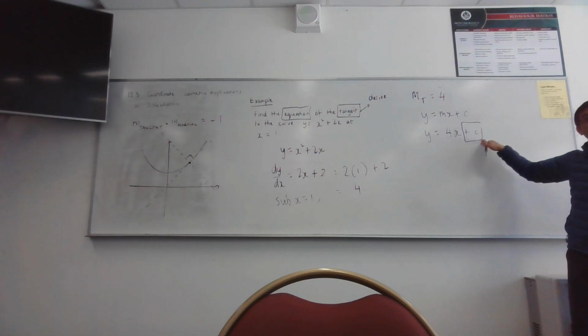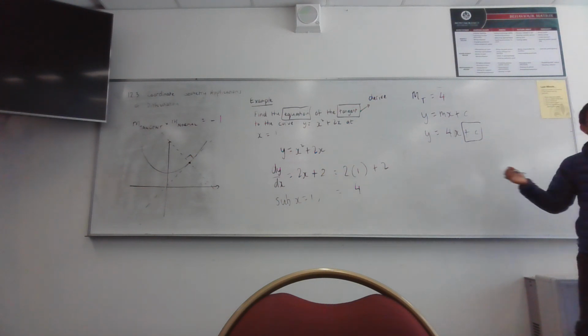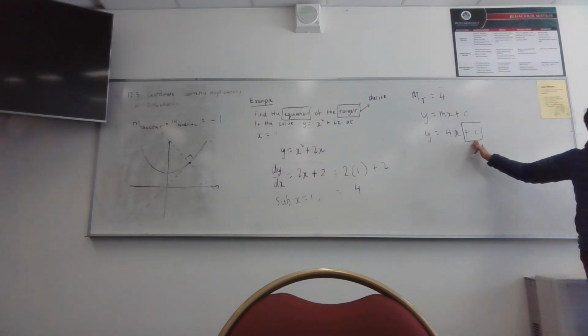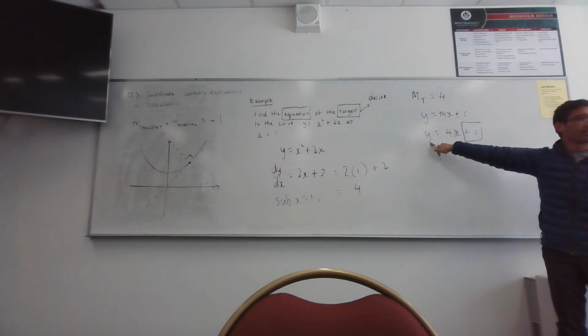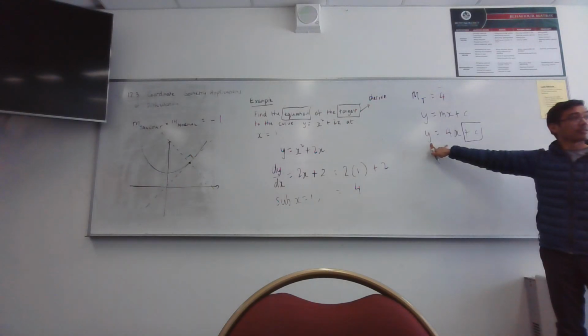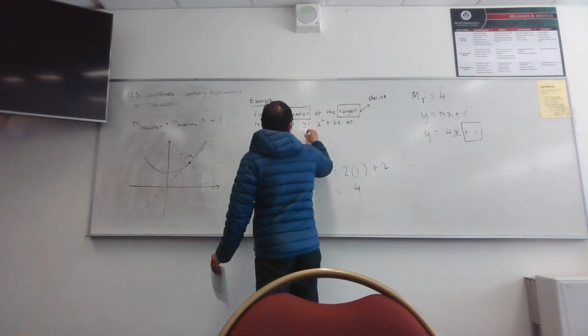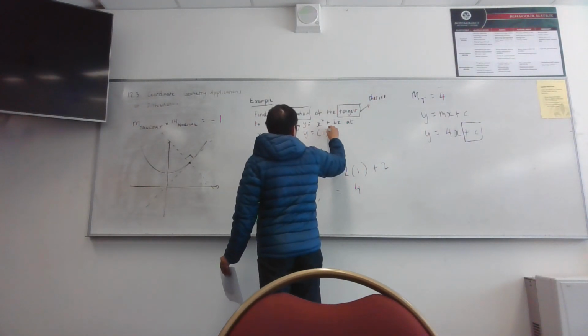What can I do to make sure that we've only got 1 unknown? What can I do with the y and the x? You can put x into the original equation and find y and then put this in. Excellent, Maya.